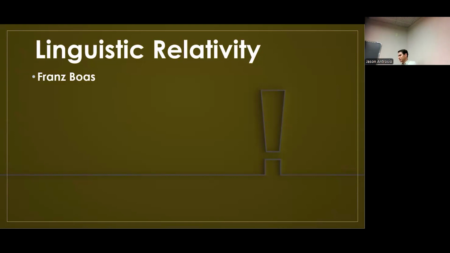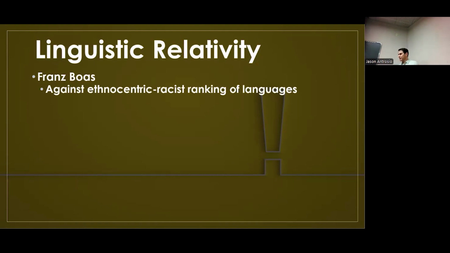So this leads us to the notion of linguistic relativity, which Guess associates with our old friend Franz Boas, one of the earliest US anthropologists. And what Boas was trying to do with the idea of linguistic relativity, in some ways the idea of cultural relativism, is to fight against the ideas of the time that languages could be ranked from the best and the most scientific languages like German, English, and French, and the idea that other languages were baby languages and they weren't really as sophisticated as the great languages.